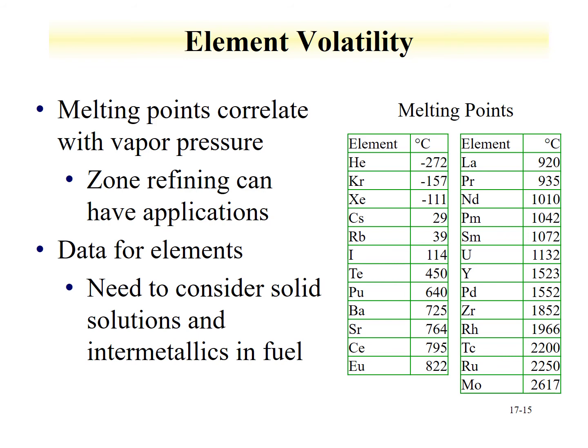So if one were to heat up some spent uranium metal fuel to the point where uranium melted, these elements below uranium would be able to melt, would be able to form different phases in the fuel than those phases that do not melt, and achieve a separation that way.